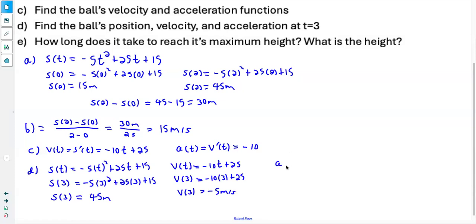Let's look at our acceleration at that time. We know our acceleration would be simply -10. So if we have a time of 3, that's -10 meters per second squared.